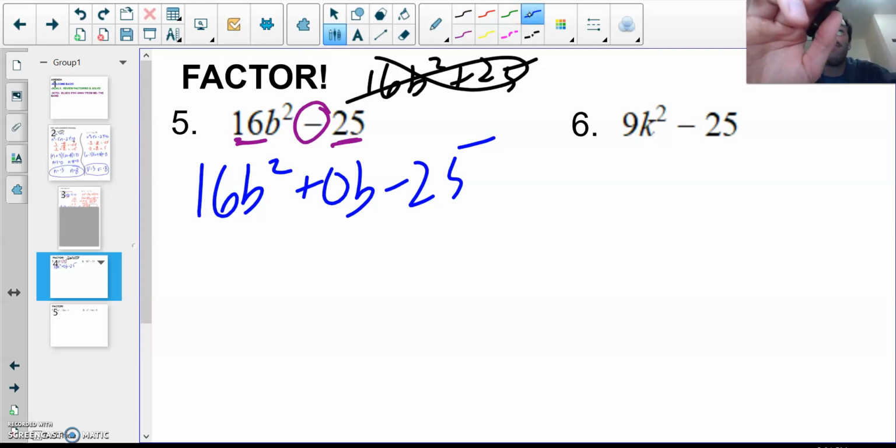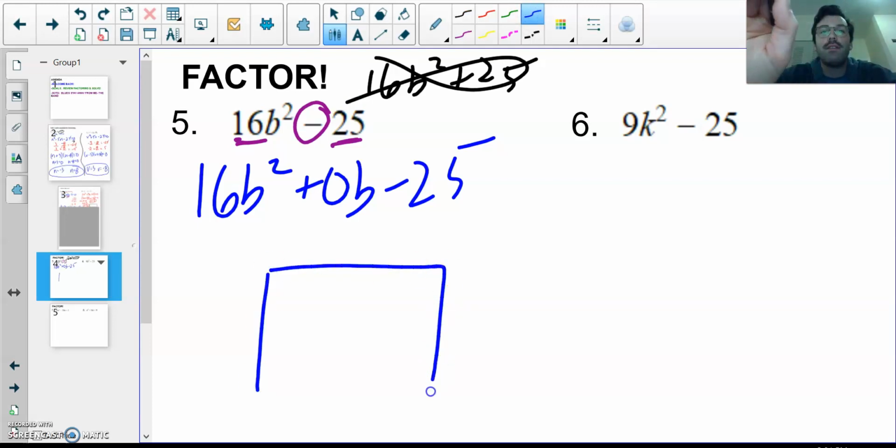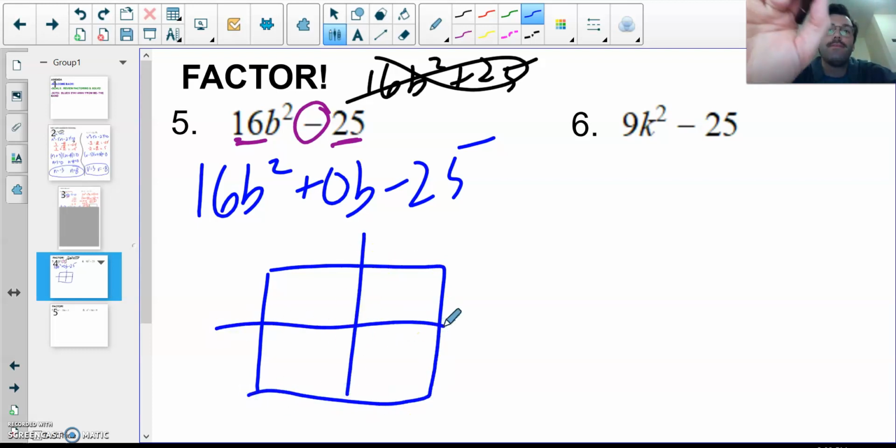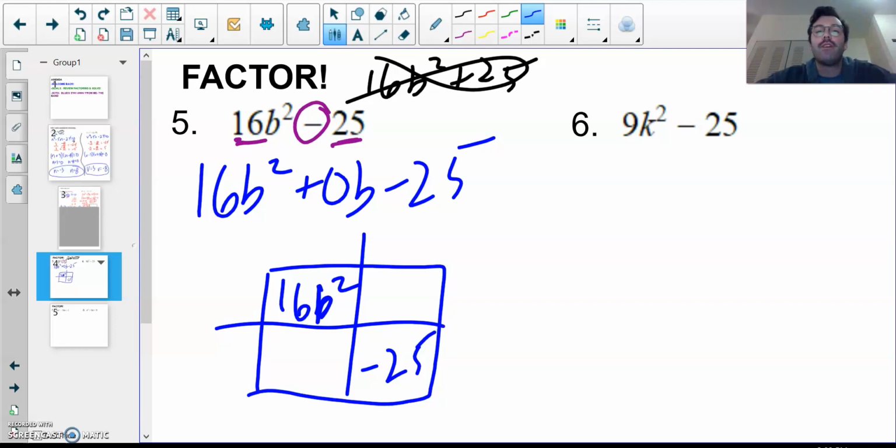And we could think about this within the box method. I like the box method the most. I don't play favorites, but I do like it a lot. Now I figure out what I'm going to have to put in here so that these numbers cancel each other out.